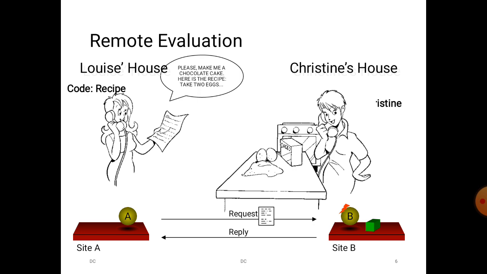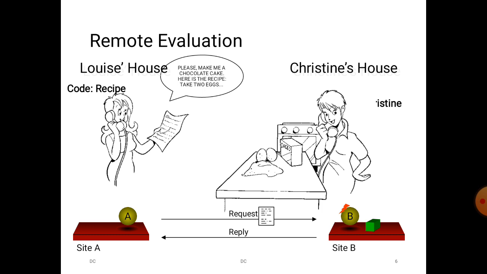Except the code, other ingredients, the resource, everything is available with Christine. So oven is there, ingredients are there. Now Lousy sends the recipe to Christine. So based on that recipe, Christine makes the cake or executes the process.